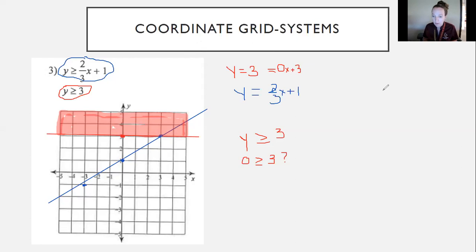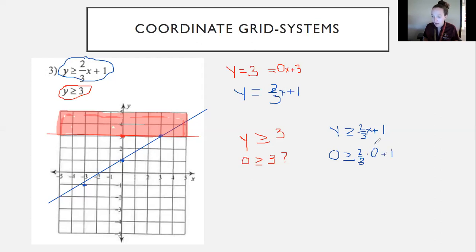Where are you, blue? Okay, so now I'm going to rewrite this. I had y is greater than or equal to 2/3 x plus 1. Pick 0, 0. Make life easy on yourself. I get 0 is greater than or equal to 2/3 times 0 plus 1.